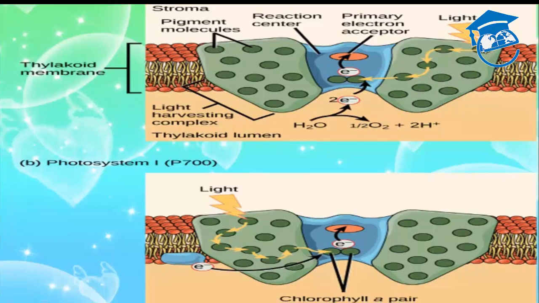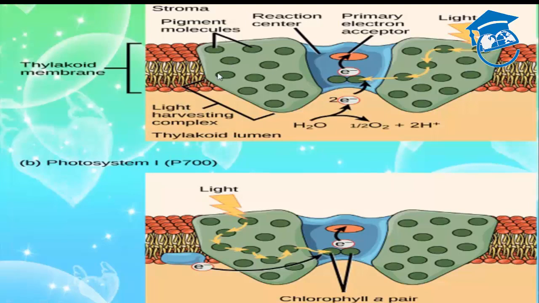So when light is absorbed by the pigment molecules, it goes from here to here, and as I told you, in PS2 the electron is released from the splitting of water. So water is split here into half O2 plus 2H+. An electron is released, so this electron goes to here, that is your primary acceptor.